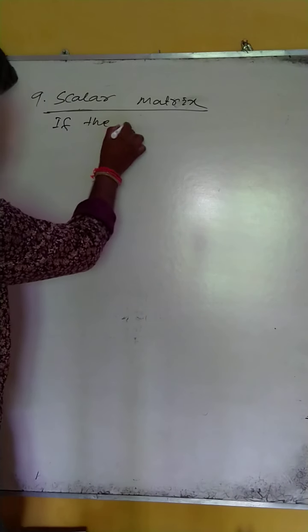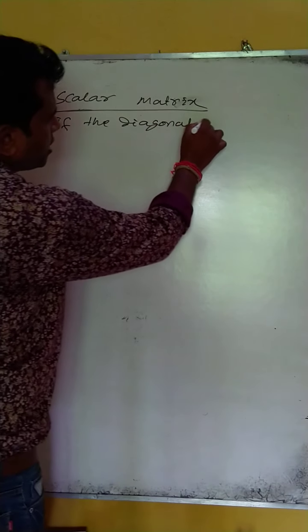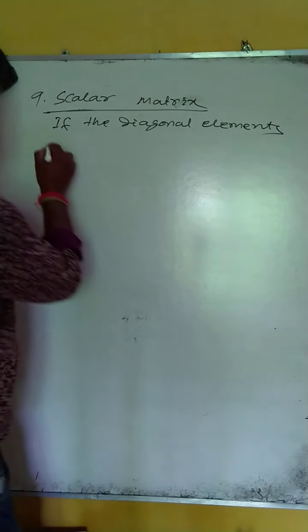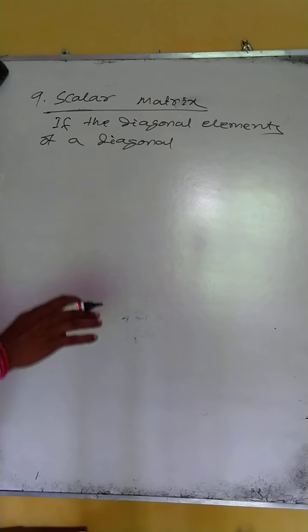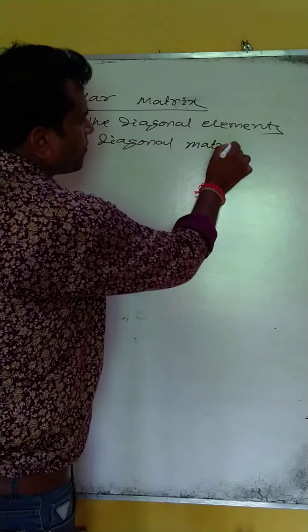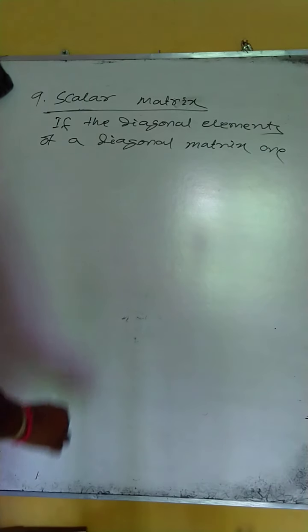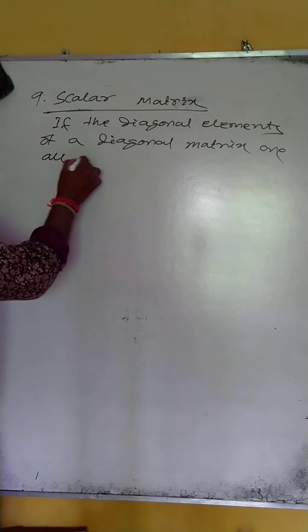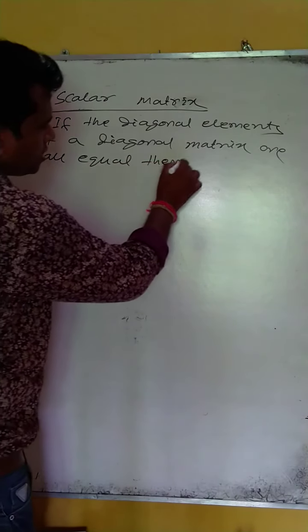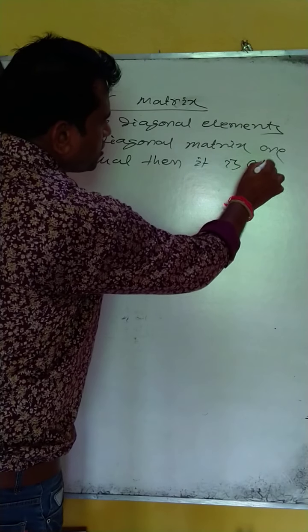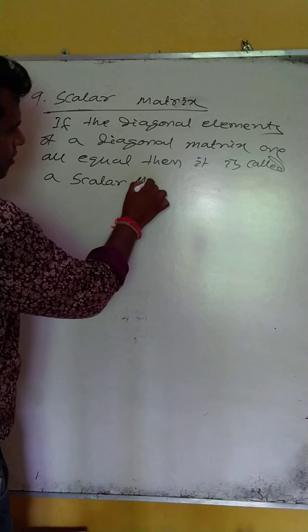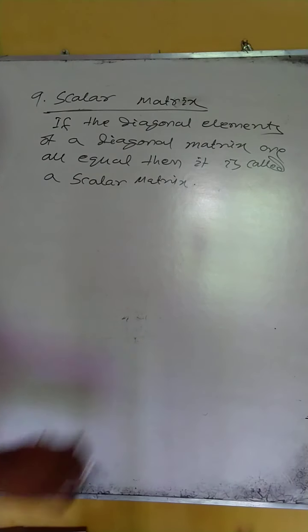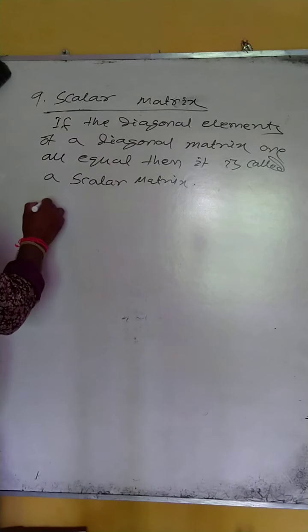If the diagonal elements of a diagonal matrix are all equal, then it is called a scalar matrix.